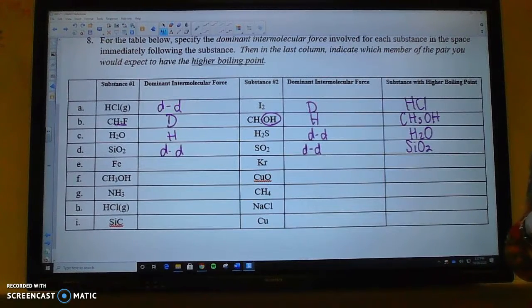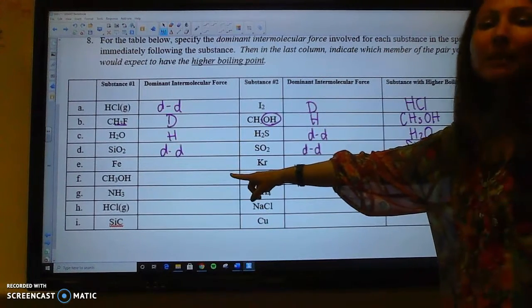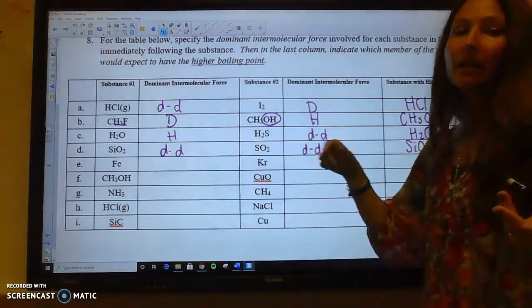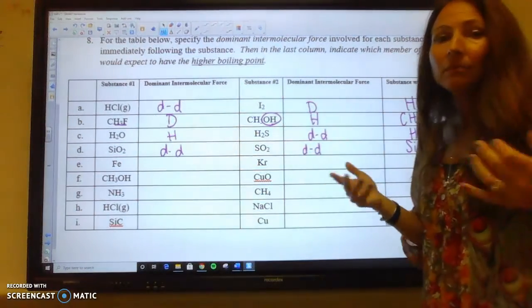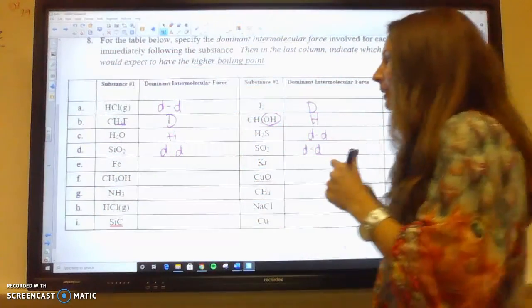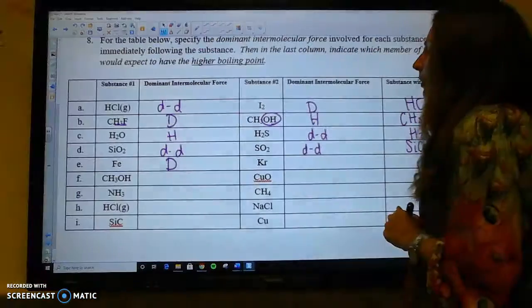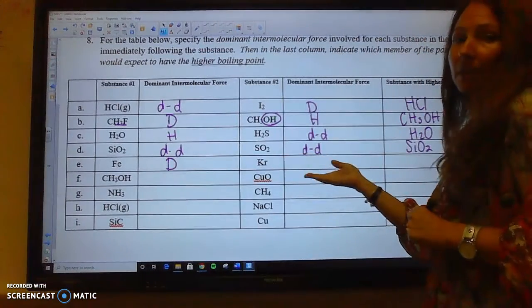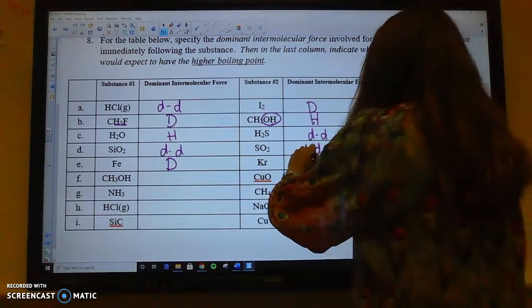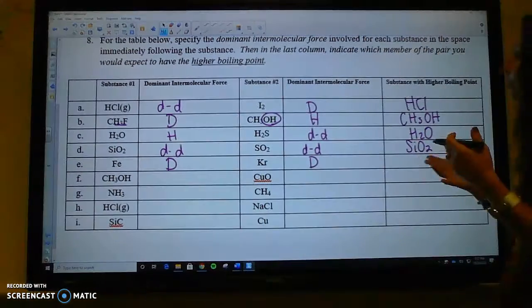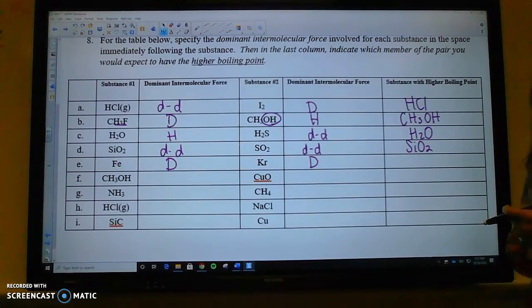Okay? Letter E. You have just metallic iron. Metallic iron can't bond to anything except for other irons. So that's a dispersion force. Krypton, same scenario, just a dispersion force. Which one has the higher boiling point?